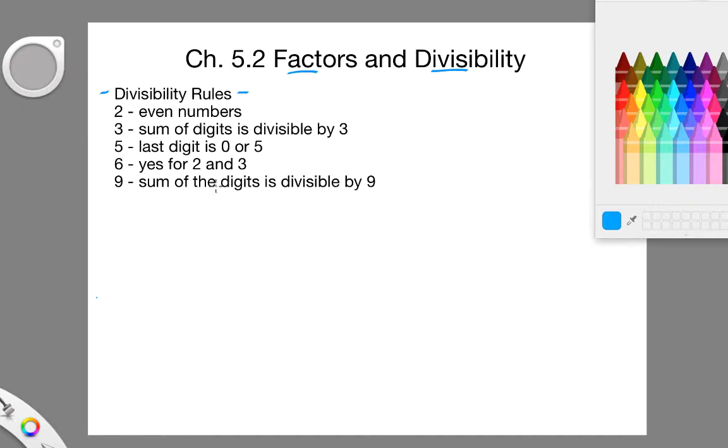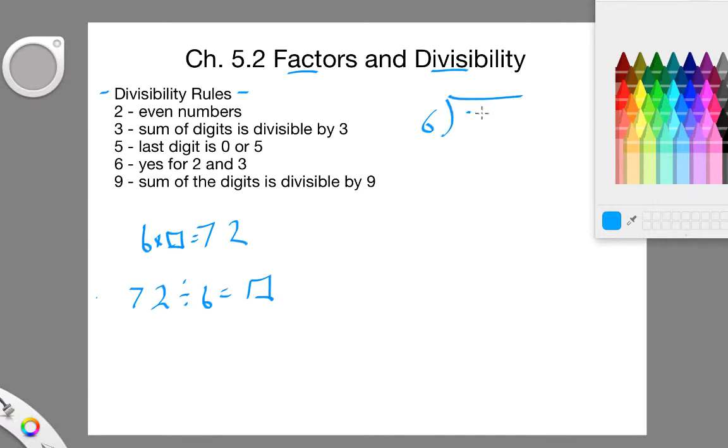So for instance, they say, is 6 a factor of 72? Is 6 a factor of 72? 6 times blank equals 72, or 72 divided by 6 equals blank, and it comes out evenly. Now, of course, we can do our long division.